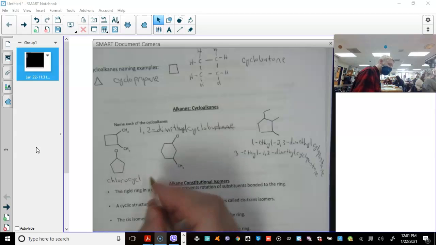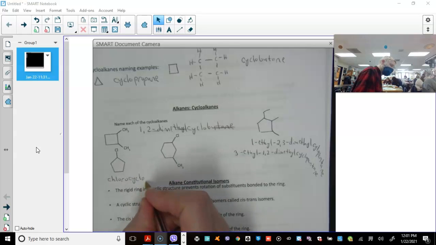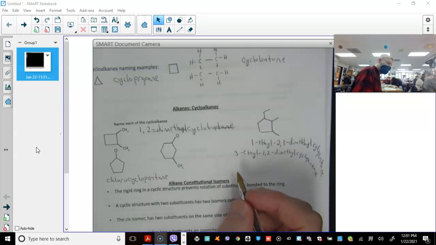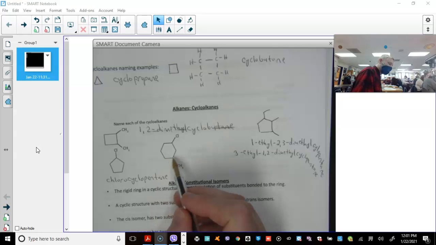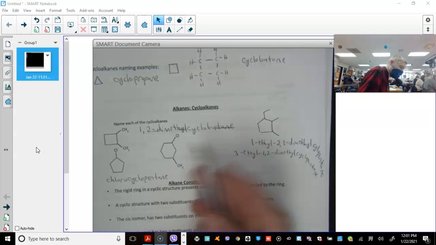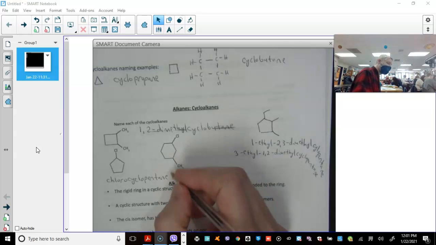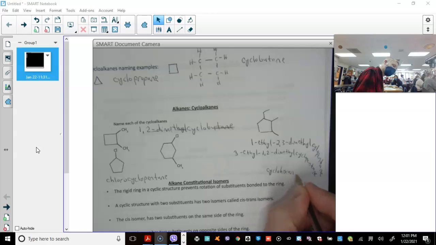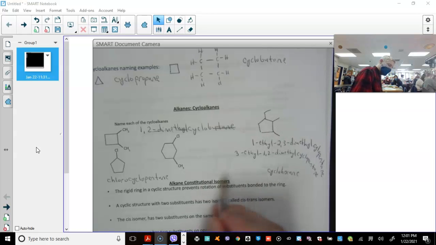It could be 1-chlorocyclopentane. Then, is that an octagon or a hexagon? 1, 2, 3, 4, 5, 6. Hexagon. So cyclohexane. We'll write cyclohexane here just in case we need the space.